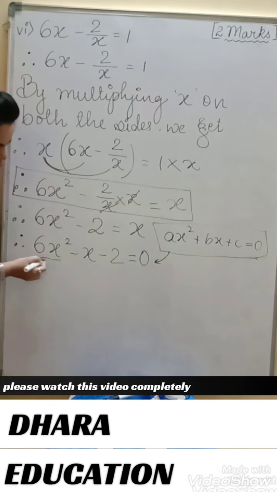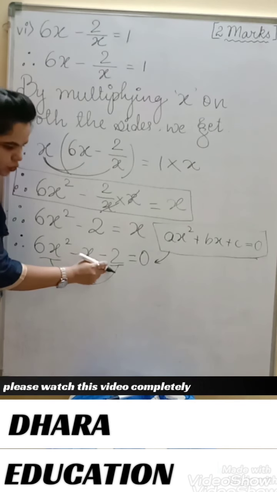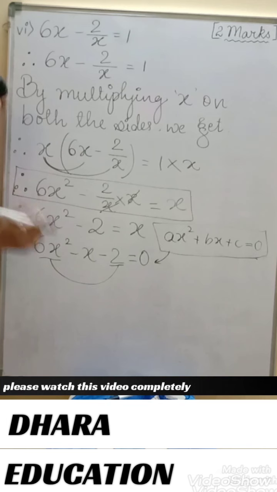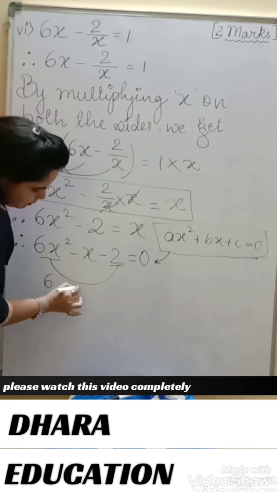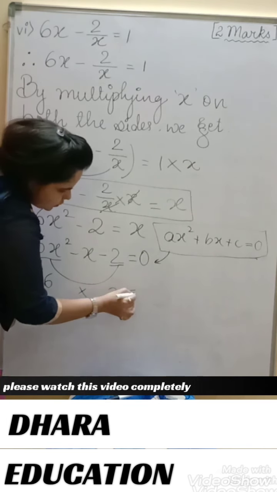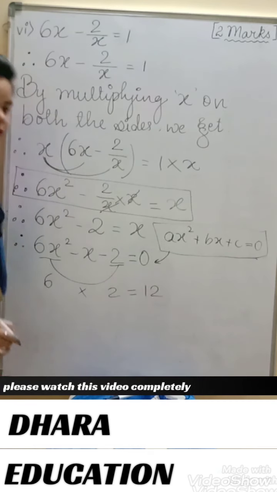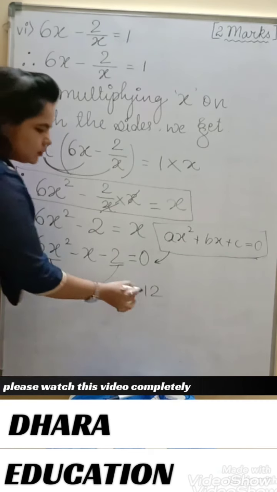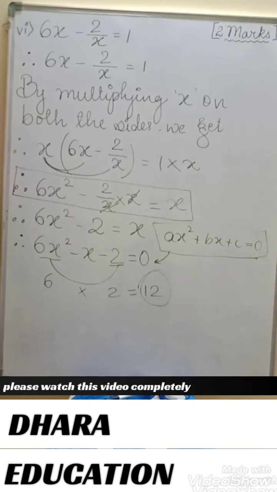The second step is to multiply the first term with the third term. Okay, so 6 twos are how much? 12, correct? So 6 multiplied by 2 gives you what? 12, correct? So we need to factorize the 12. Okay, so here I have taken this 12 over here.